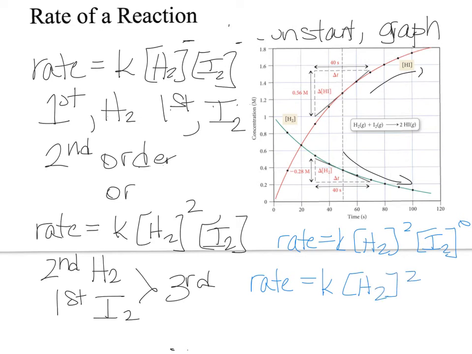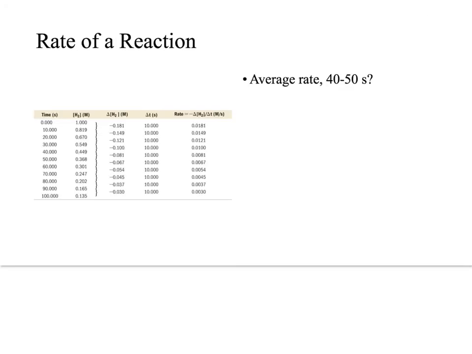So rate is equal to hydrogen raised to the second power, second order overall. Okay, these are all possibilities. Again, I'm not going to know unless I do the experiment. We can actually solve for rate if we know some data about time and concentration of hydrogen in this case.